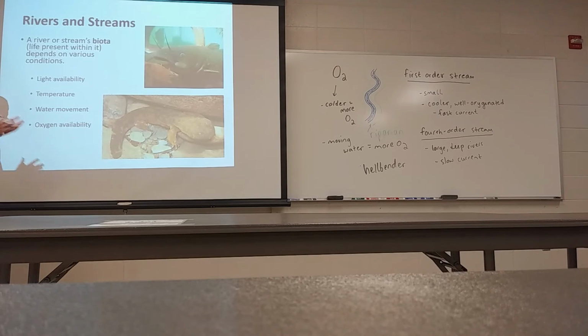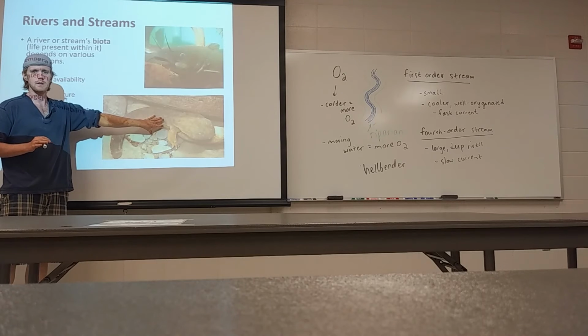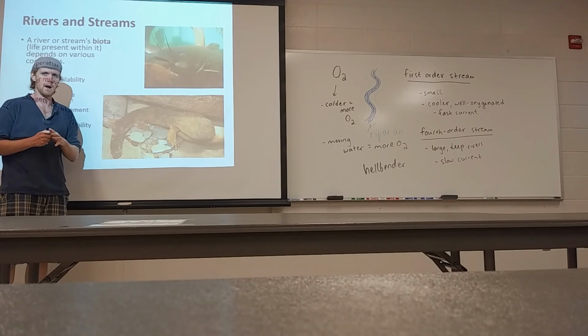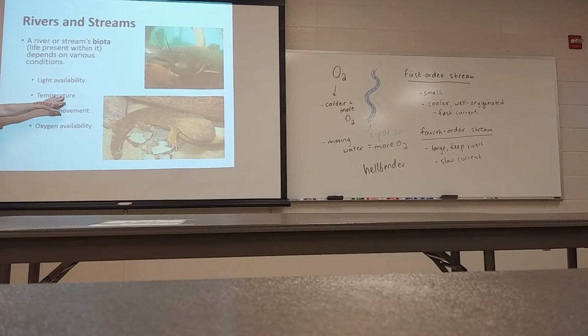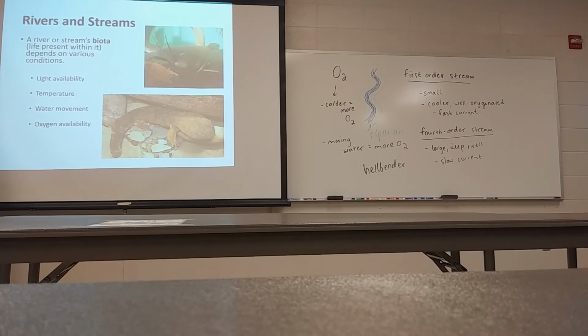So why do these salamanders need flowing, cold water? Because they get a large amount of oxygen through their skin. They absorb dissolved oxygen through their skin. Their skin is folded to increase the surface area to get that oxygen. The water has to be colder, or at least cool, for them to maximize the available oxygen.